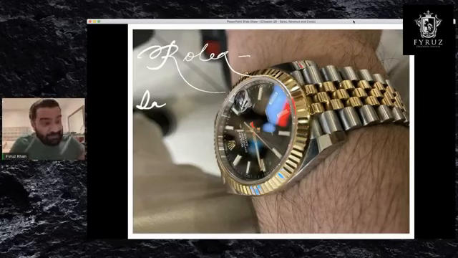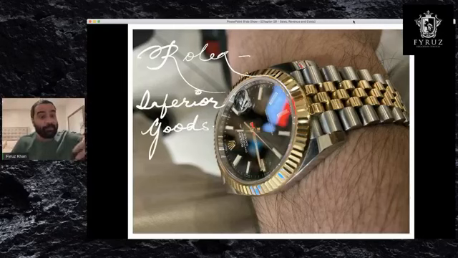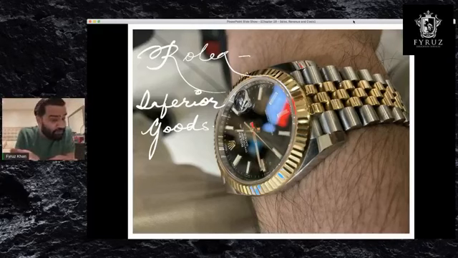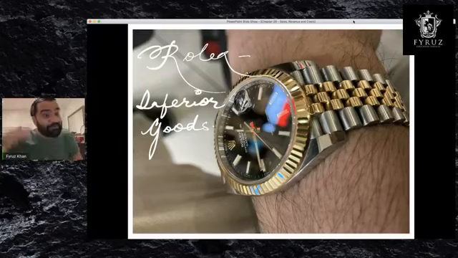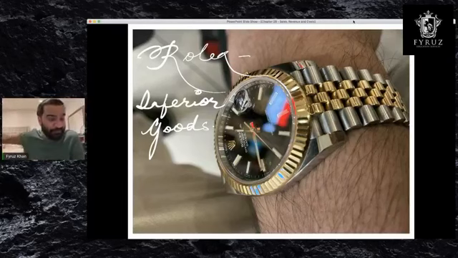Otherwise, if you increase the price, people will go for inferior goods. People will go for other alternatives because, let's say, the price has increased. I'm not going to buy this. Or my income has decreased. Let's say my income was 2 lakhs per month, but now it's 1 lakh and 20,000 because of the pandemic. So now I won't buy this.